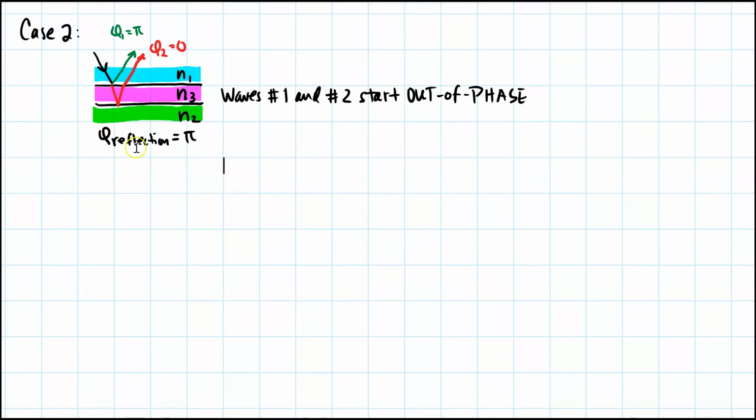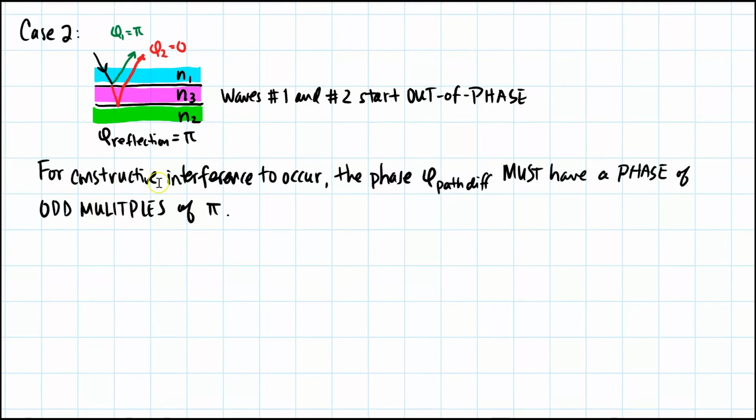When we look at a reflection phase of pi, what that means here is that waves 1 and 2 start out of phase immediately. So if I want constructive interference, I have to have a phase shift of pi or multiples of odd pi. For constructive interference to occur, the phase due to path difference must be odd multiples of pi.